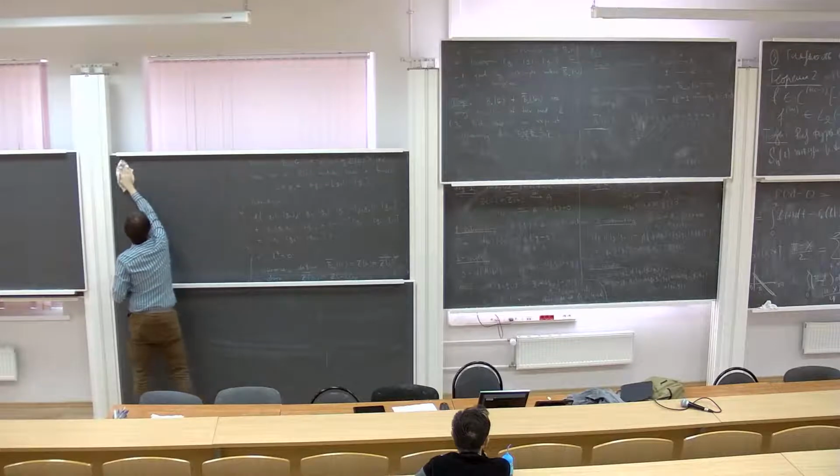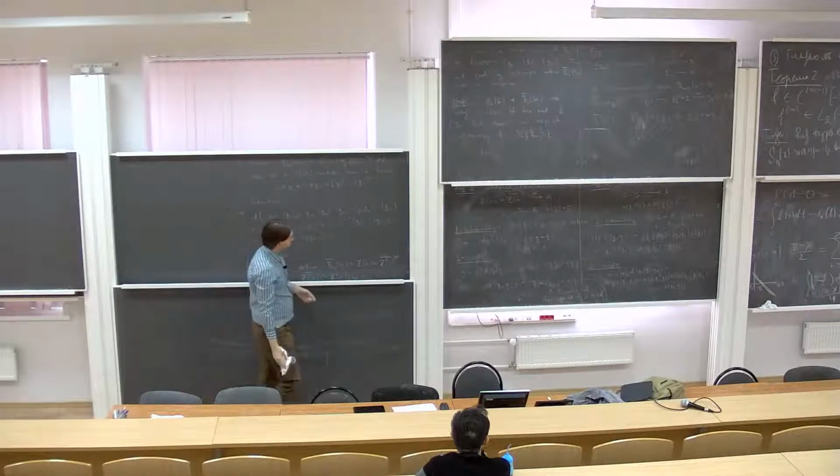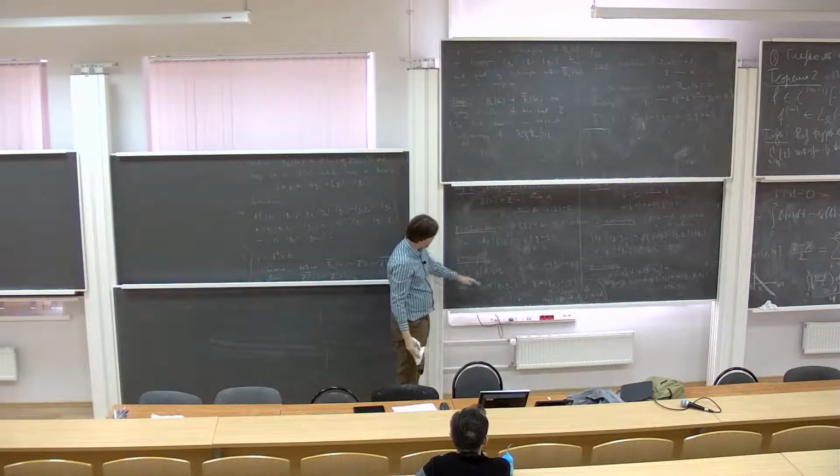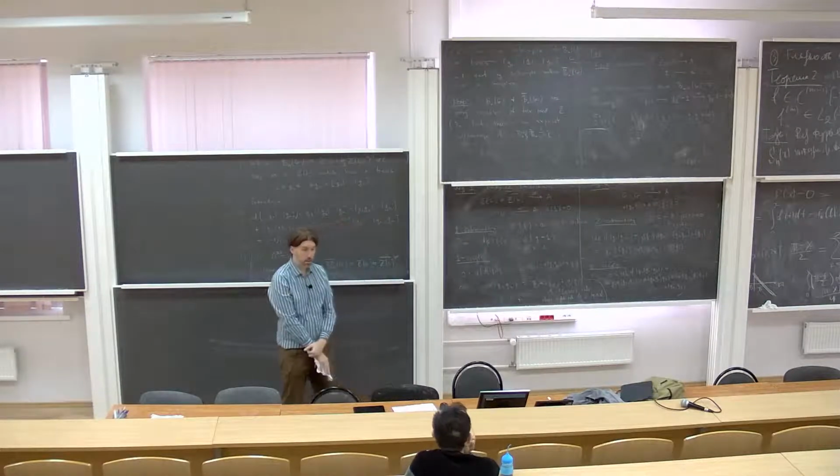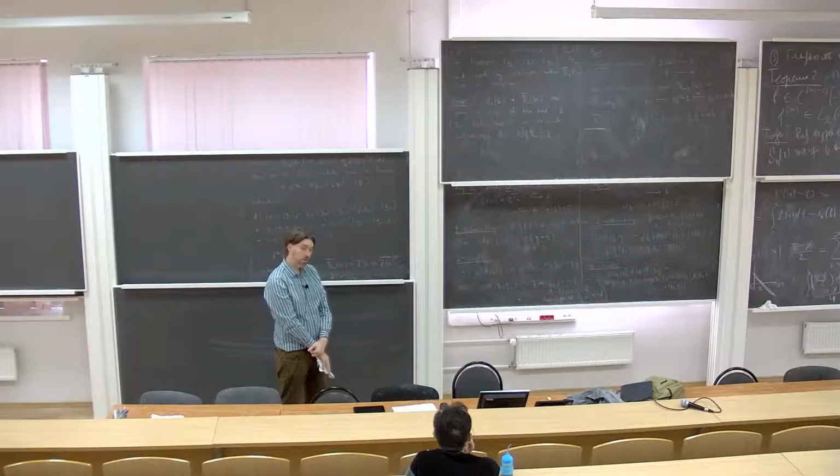So let's first interpret one-cocycles modulo one-coboundaries.